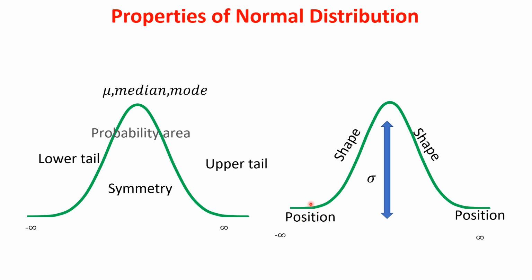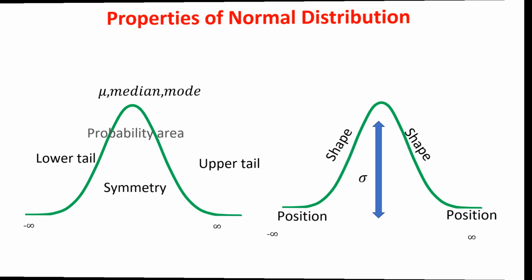The difference between two random variables can be divided into n number of divisions. For example, 1 millimeter can be divided into infinite parts. That's why these two tails will never touch the x-axis.